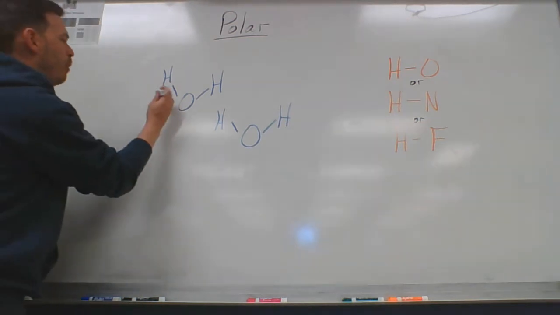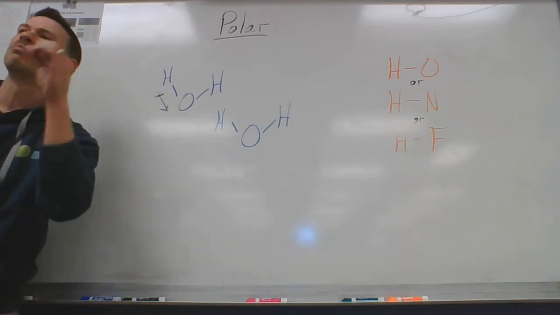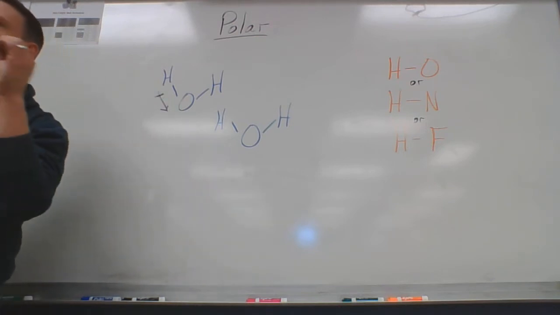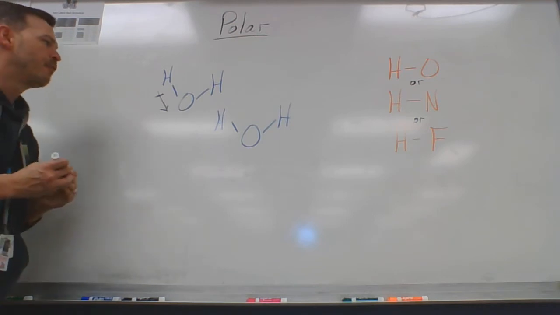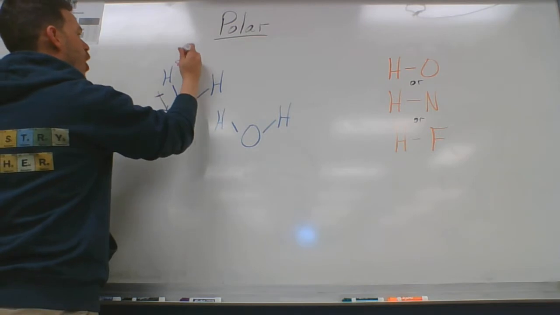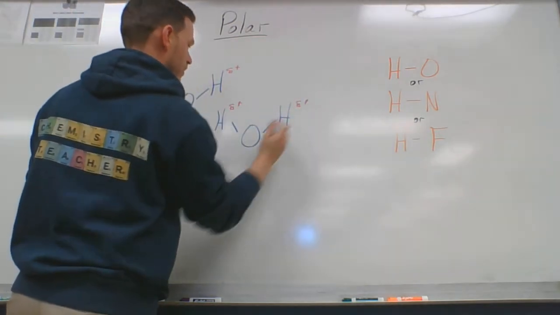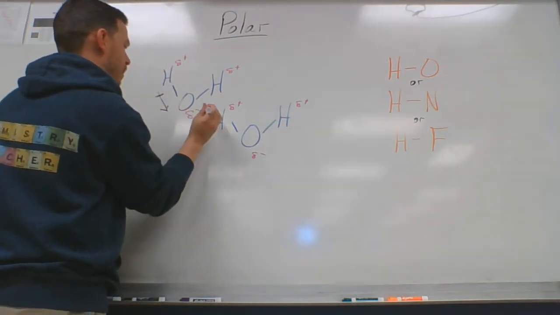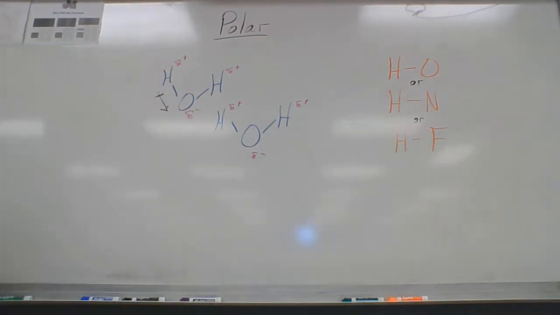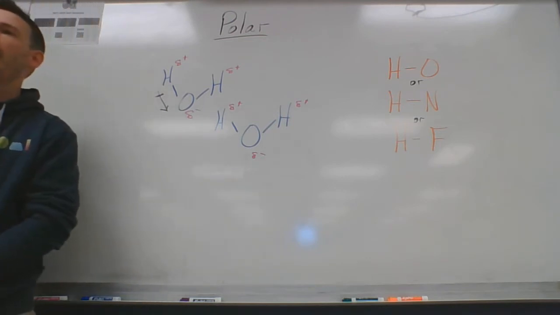The dipole moment goes this direction, right? Because oxygen is more electronegative than hydrogen. And if we know that that's the way the dipole moment works, then we know that all of the hydrogens are going to be partially positive, while the oxygens are partially negative. And what happens next?